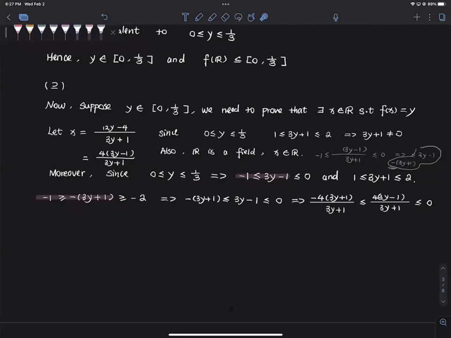Think about this. A is greater than or equal to negative 1, and B is smaller than or equal to negative 1, right? So then A is greater than or equal to B. Or let me draw a number line here. Let's say this is negative 1, and 3y minus 1 is here, negative 3y plus 1 is here. So from those two inequalities, I know this is greater than or equal to that, right?